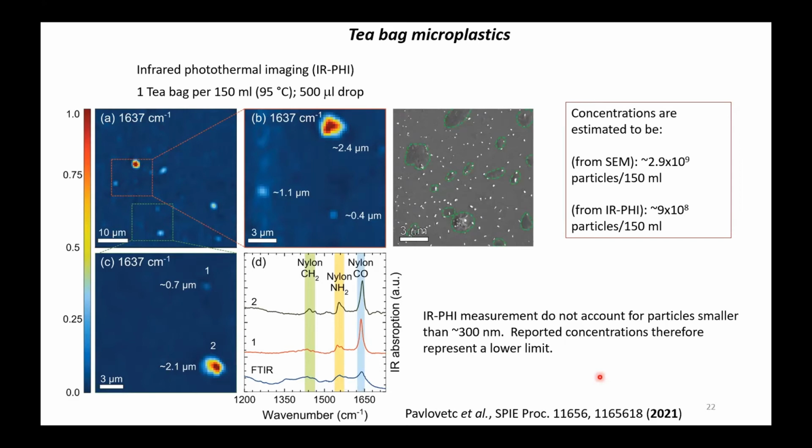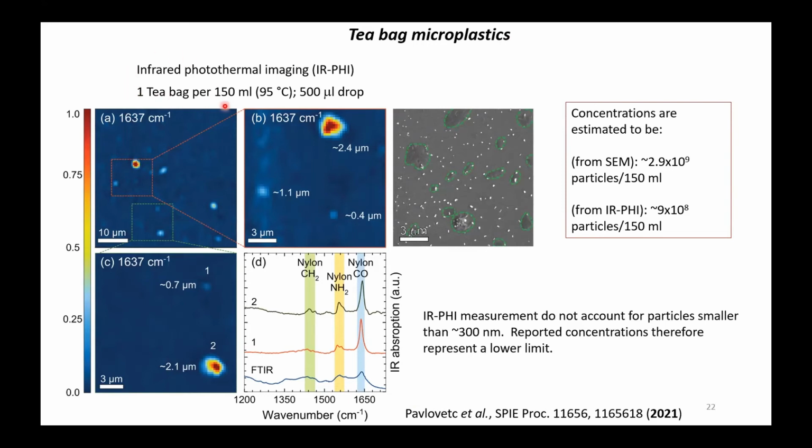So what we decided to do is use our instrument, IR PHI, to study these microplastics, as it gives you chemical information, and it has better spatial resolution than FTIR or QCL measurements. Here we decided to repeat this and see for ourselves that making tea with a plastic tea bag is indeed a bad idea.